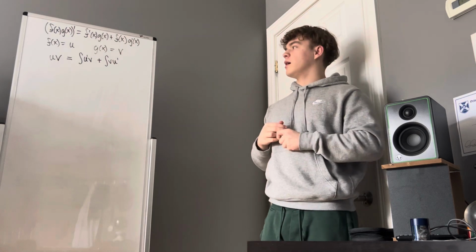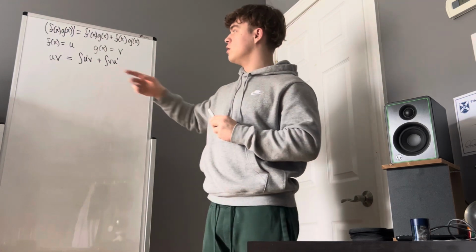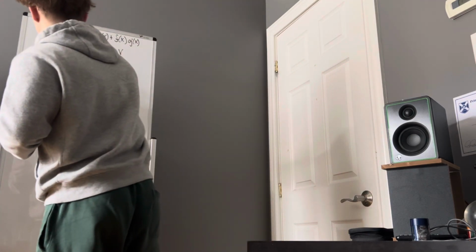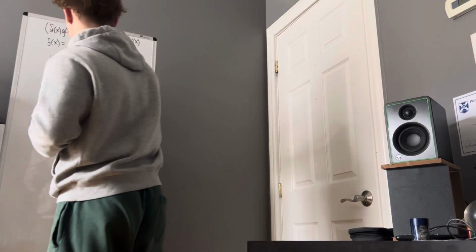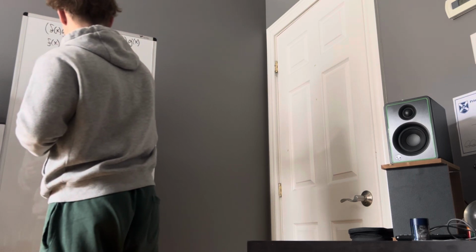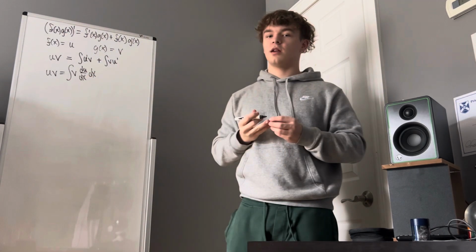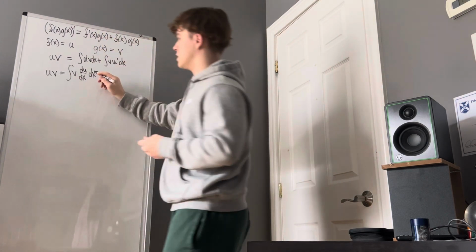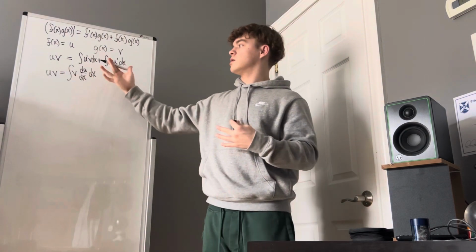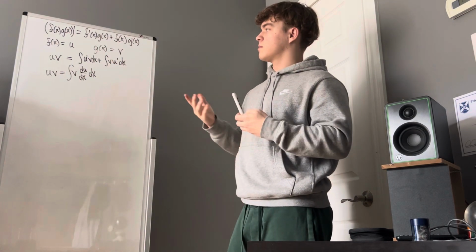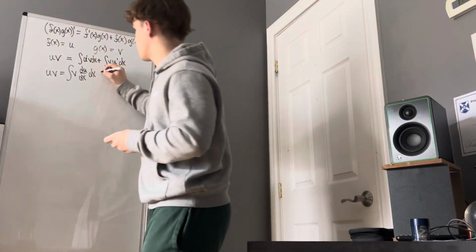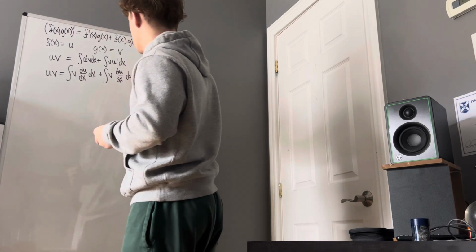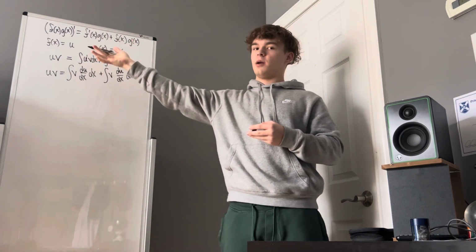Now we can represent our u prime as du dx. We're going to rewrite these. The integral of v du dx, because we're integrating with dx's. The dx's cancel out, so we get v du, because u and v are functions of x, as we saw up here.